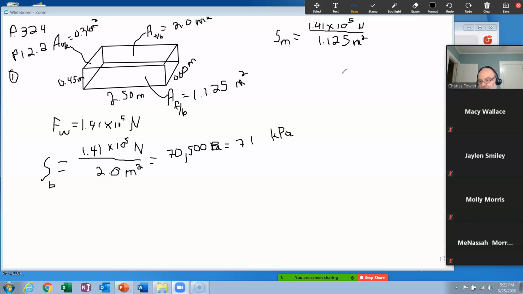1.125 equal, and that gave me 125,333. That's pascals. Now that's too many digits, I know. Okay, but it's 125,000, and then it says 333 pascals.